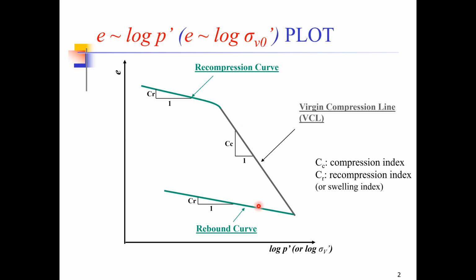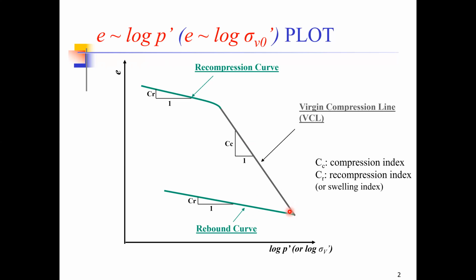It means that if on a certain soil sample, I place 100 kilopascals of load, and upon placing 100 kilopascals of load, the settlement in the soil was, let's suppose, 10 millimeters. And if I remove the same 100 kilopascals load, the soil will expand, but the expansion will not be equal to 10 millimeters.